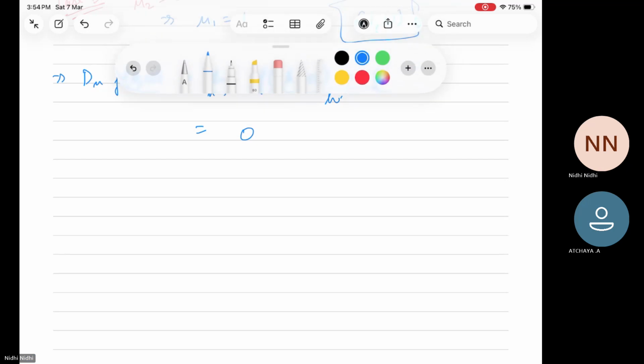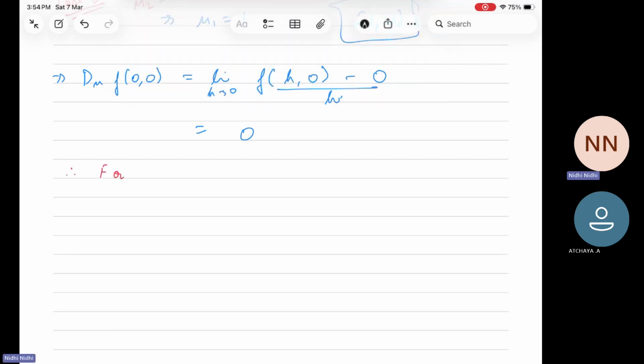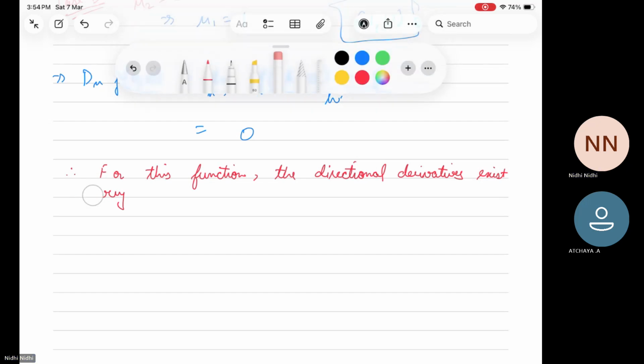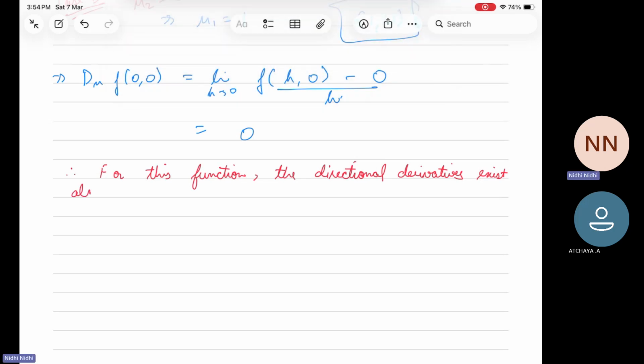So therefore, for this function, the directional derivatives exist in every direction, or we can say along every unit vector, but it is not continuous.